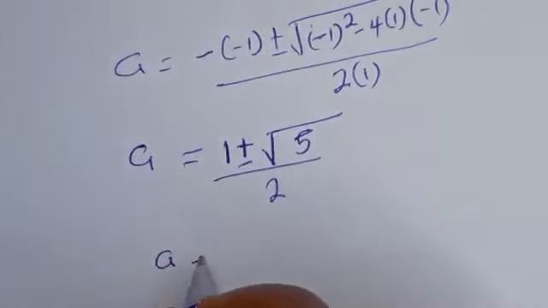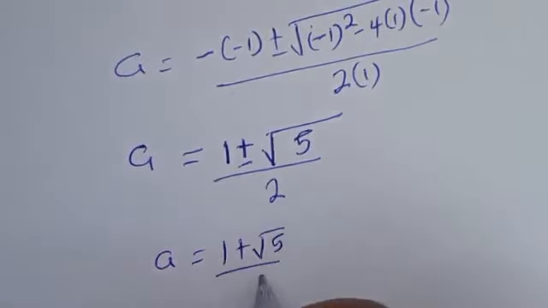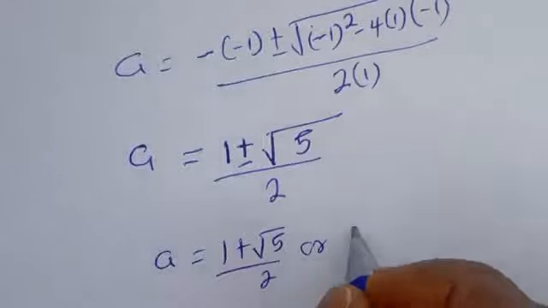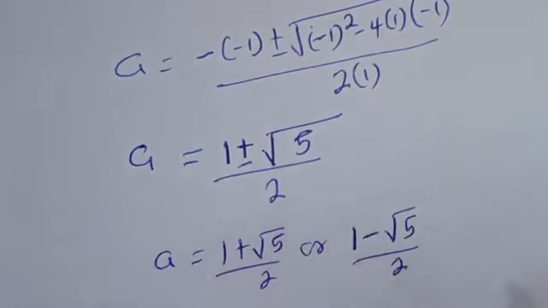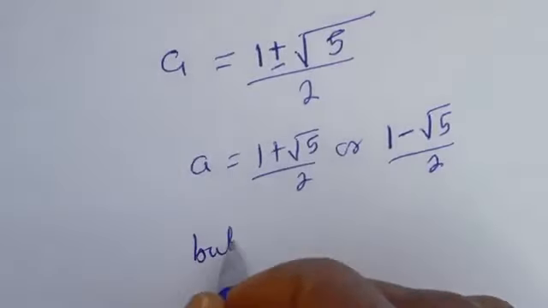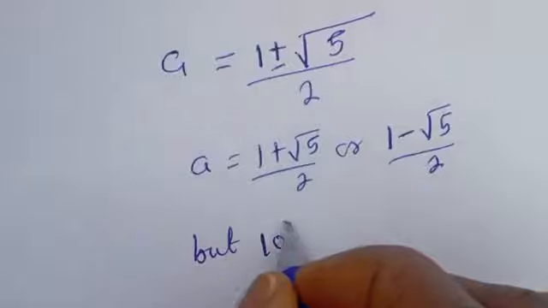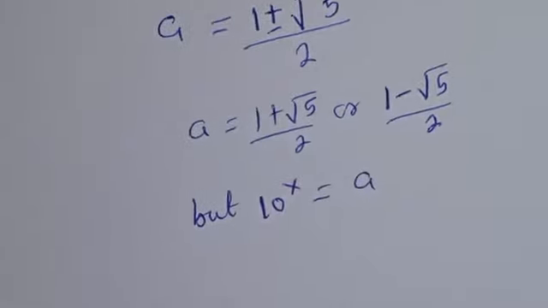Then a is equal to 1 plus square root of 5 over 2, or 1 minus square root of 5 over 2. But 10 to the power of s is equal to a.